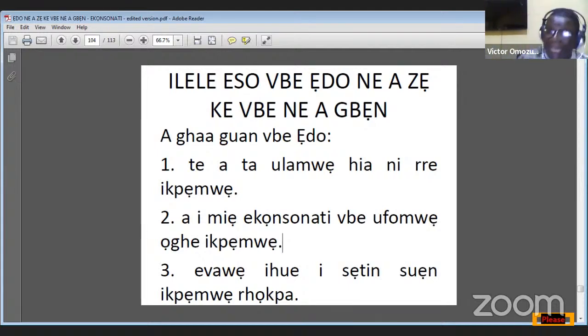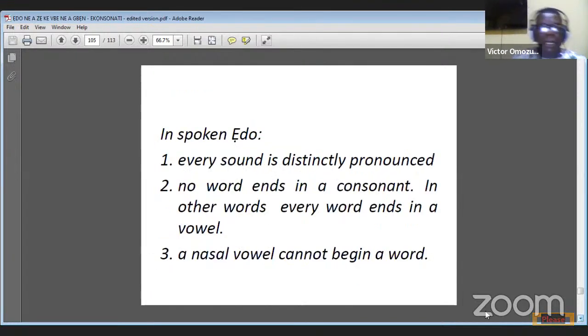But at the beginning, you can never have a nasal vowel, but always an oral vowel. So the next, this is the English equivalent, which I also said: every sound is distinctly pronounced. No word ends in a consonant. In other words, every word ends in a vowel. A nasal vowel cannot begin a word.